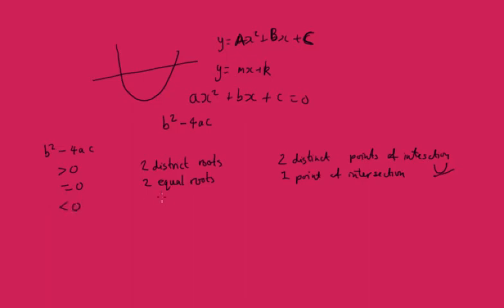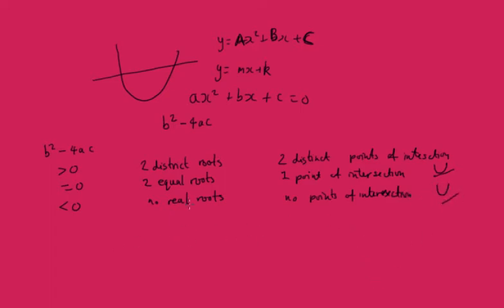And if it was less than 0, we'd have no real roots, so no points of intersection. So that would be like that.